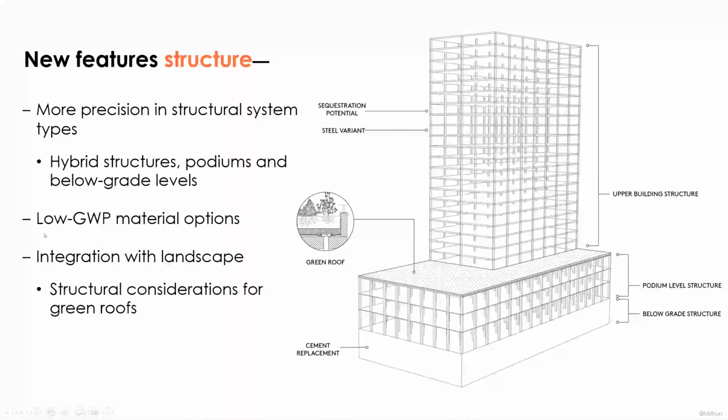And then we also wanted to integrate this with landscape, so we are planning to include structural considerations for green roofs, especially as green roofs become more popular as a sustainability strategy for carbon, but especially for other impacts like stormwater or biophilia.